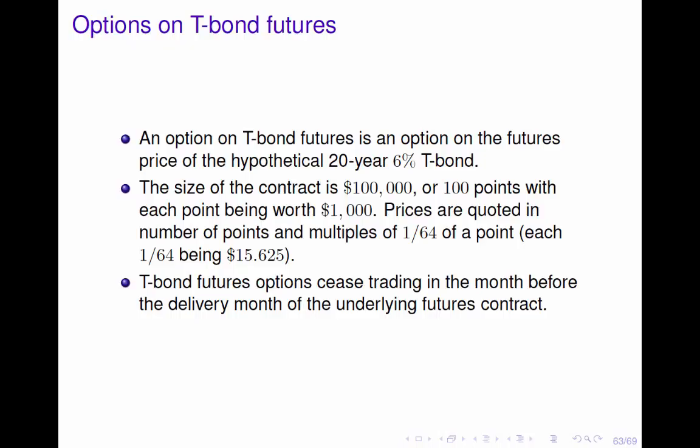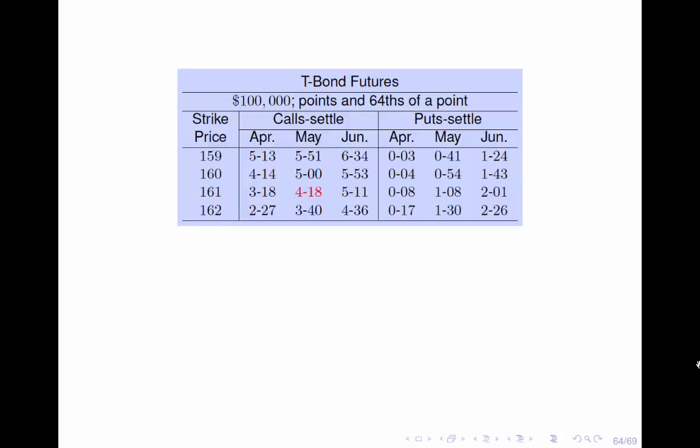T-bond futures options cease trading in the months before the delivery months of the underlying futures contract. The following table is a list of quotations of both call options and put options on T-bond futures, with strike prices ranging from 159 to 162, and expirations in April, May, and June.